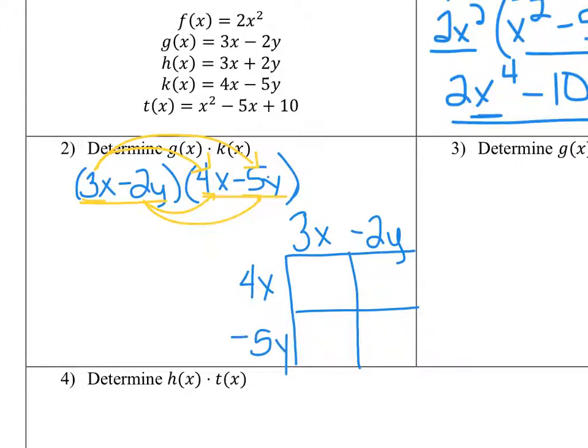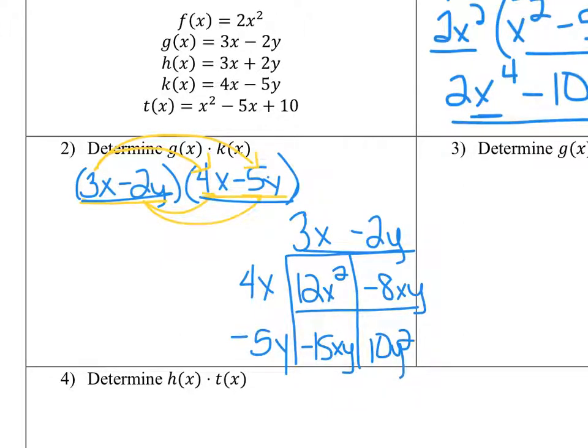So this is 3x minus 2y I put here, and 4x minus 5y I put here. You could switch the order, it really doesn't matter. It's just each binomial has to have its own side. All right, so now I simply multiply. It's just like any other multiplication table. So this is 12x squared, this is negative 8xy, this is negative 15xy, and this is positive 10y squared.